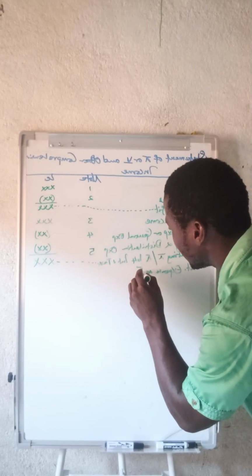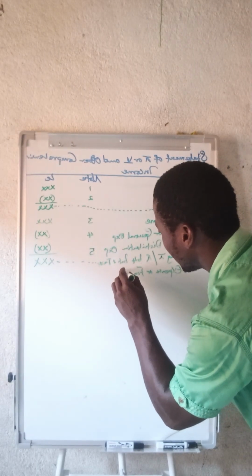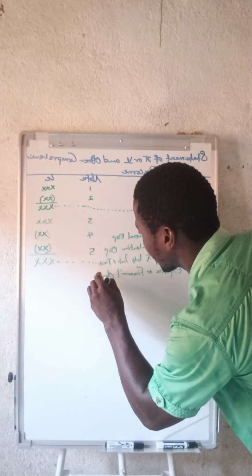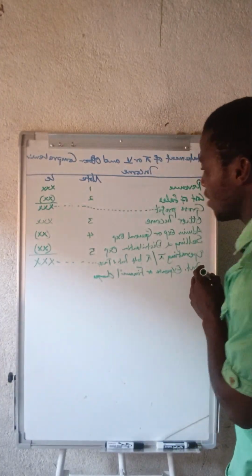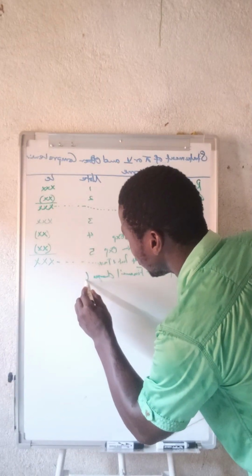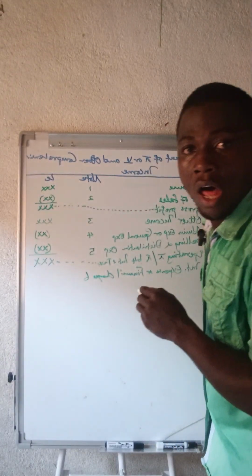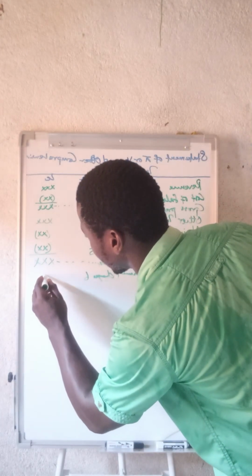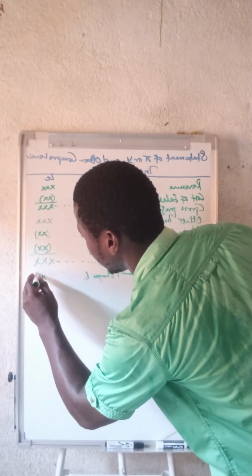Financial charges. Interest expense or financial charges, and it has working, so we put note 6, we less.